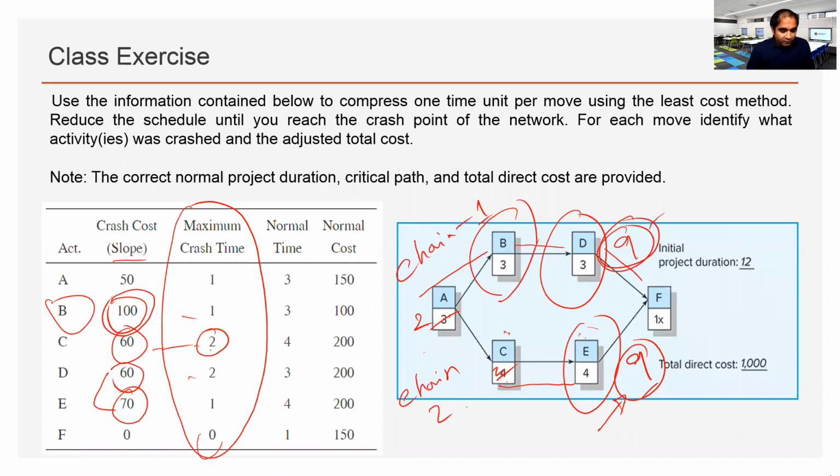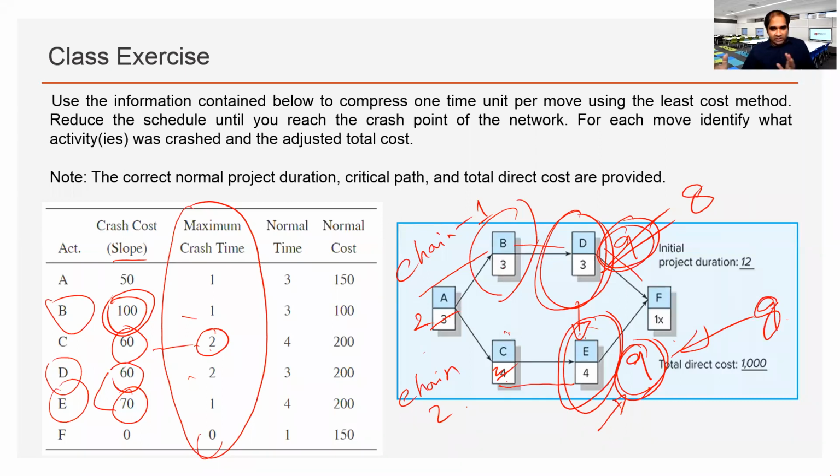So we have the option of D and E. But if we do D alone and reduce it down to 8 days, this chain is 9 days, so the project duration is still 9 days. So that means we must do D and E simultaneously. Both D and E should be crashed at the same time to reduce the project duration to 8 days. Does that answer your question, Alice?